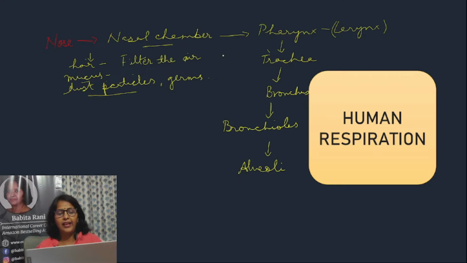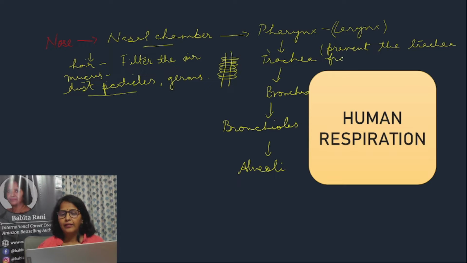Trachea is a tube which is supported by rings of cartilage, and these rings of cartilage help prevent the trachea from collapsing. What is the role of these rings of cartilage? They prevent the trachea from collapsing.